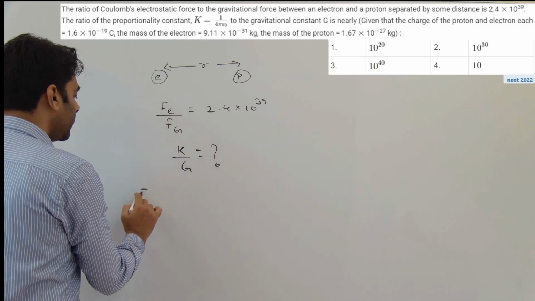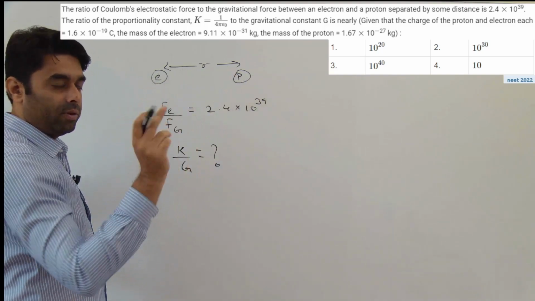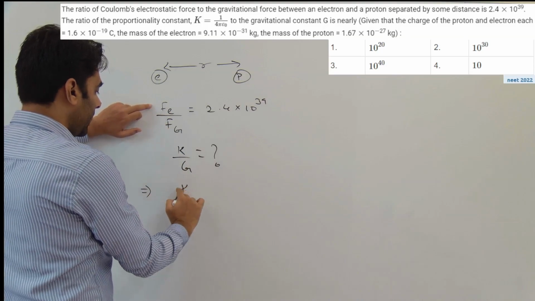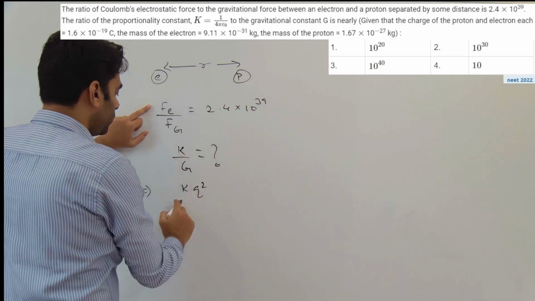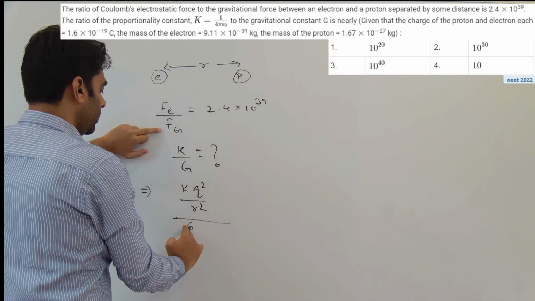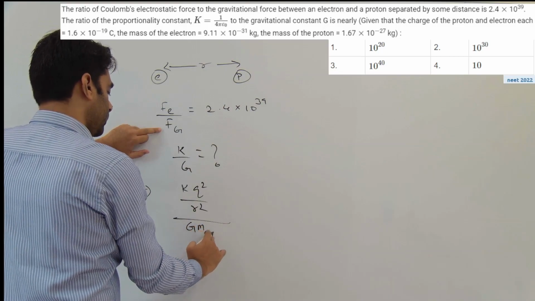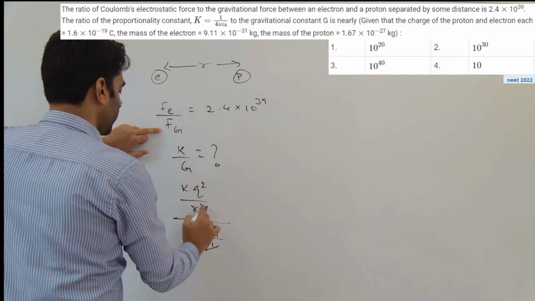What is our electric force? Between a negative charge and a positive charge it will be attractive, and it is given as K Q square, since the magnitude of charge is the same, by R square, divided by the gravitational force, which will be G m1 m2 by R square, that is mass of electron and mass of proton. R square cancels out.